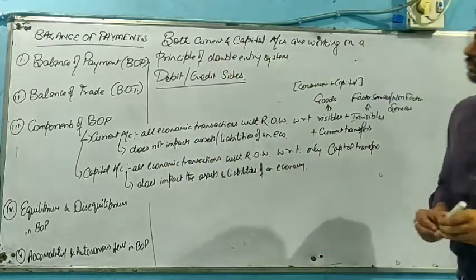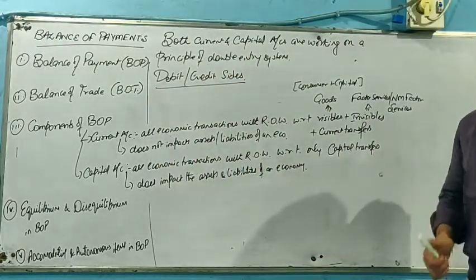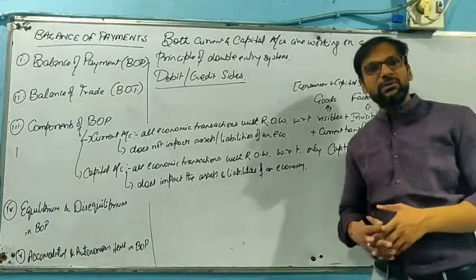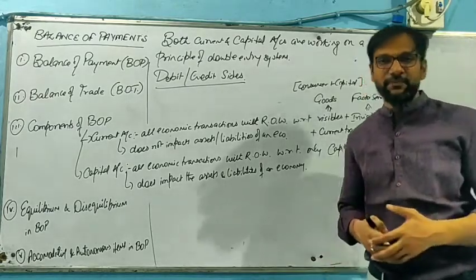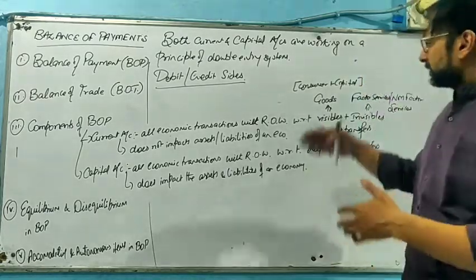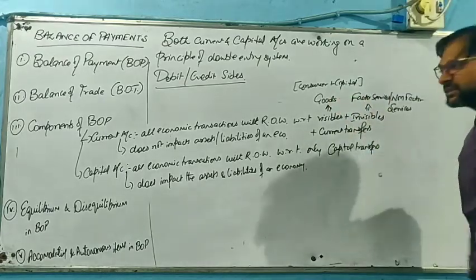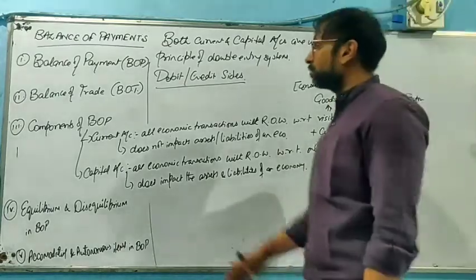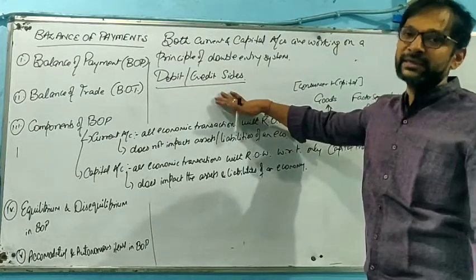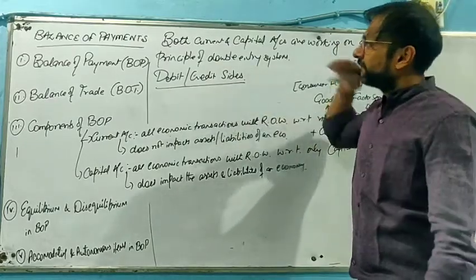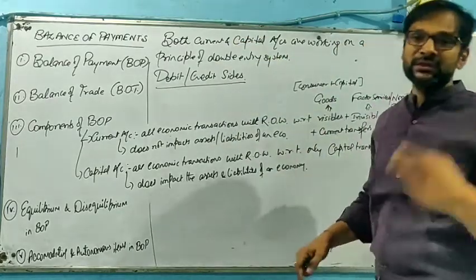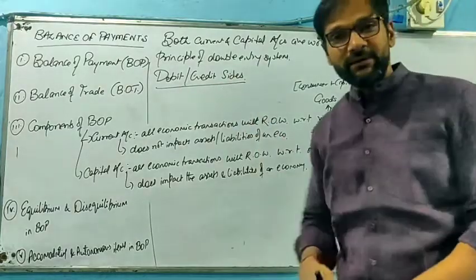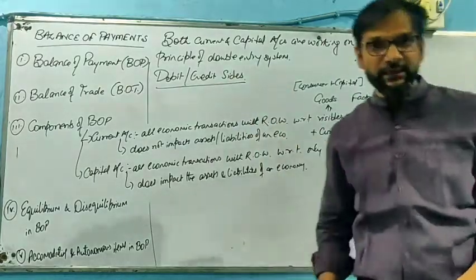It means if we talk about how the current account and capital accounts will manage the receipts and payment of their respective elements, we just need to see that both are working with respect to debit and credit base. It means every account is having two sides. One will be known as debit, another will be known as credit.